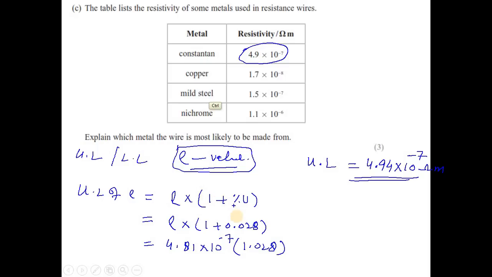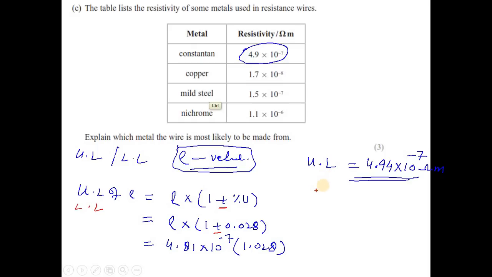There is an additional step. If you wish, you can check the lower limit as well. So for the lower limit, you can do rho times 1 minus the percentage uncertainty. If you do 1 minus, then you have a lower value, and just for your understanding, I'm giving you an idea, if you find the lower limit, you will find that the value of constantan wire is within the lower and the upper limit.